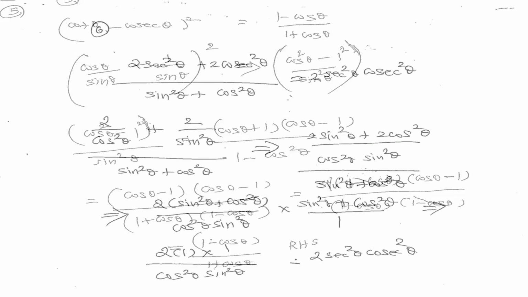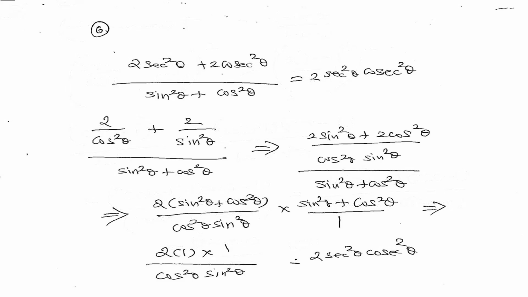In problem 6, we have to prove (2 sec squared theta plus 2 cosec squared theta) by (sin squared theta plus cos squared theta) is equal to 2 sec squared theta cosec squared theta. Sec squared theta and cosec squared theta are always an extension of the family of sin theta and cos theta.